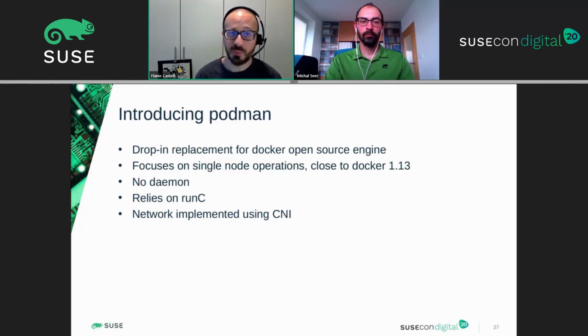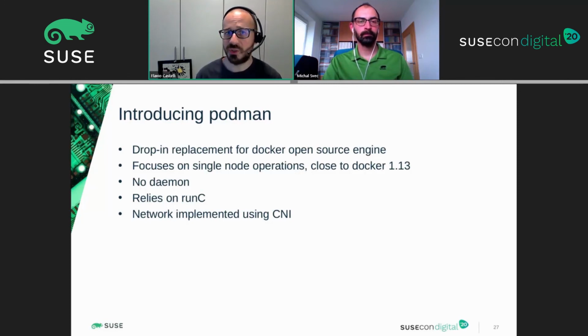The focus of Podman is on single node operation, as I was saying before. If you are familiar with the history of Docker, you will know that after the 1.13 release, Docker started to focus a bit on multi-node operation with Docker Swarm. Podman doesn't have these features because, again, it focuses on single node operations.